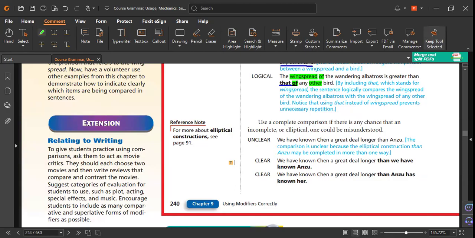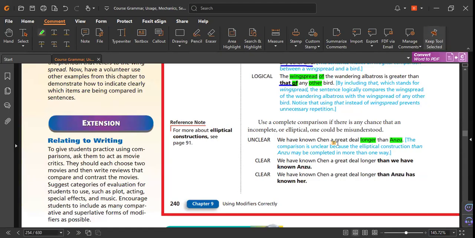Sometimes they will give you an answer that looks correct if you read it quickly, but it's wrong: "We have known Chen a great deal longer than Anzo." So "longer than". But here the comparison is unclear because the construction "than Anzo" may be completed in more than one way.